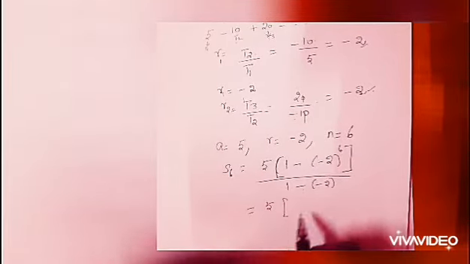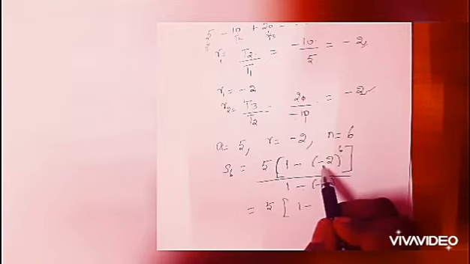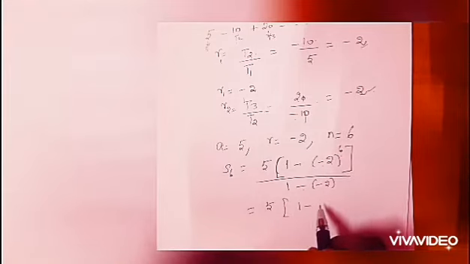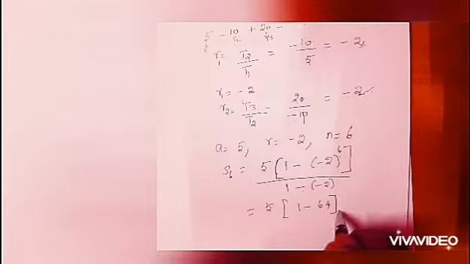So which is equal to 5 times 1 minus. See, the power is an even number. When it is an even number, negative will become positive. So minus 2 to the power 6 will give you 64.